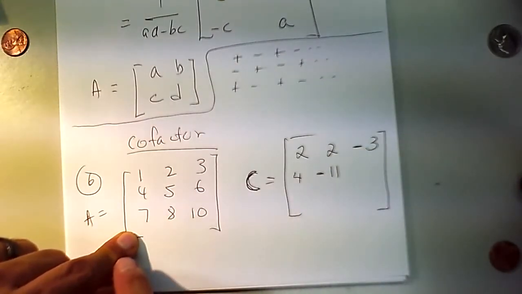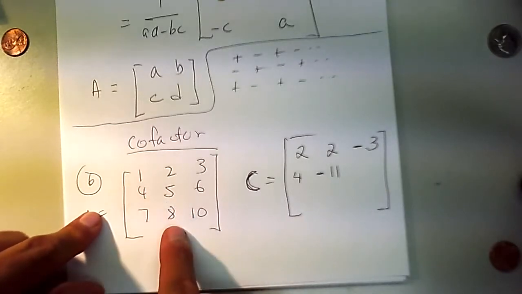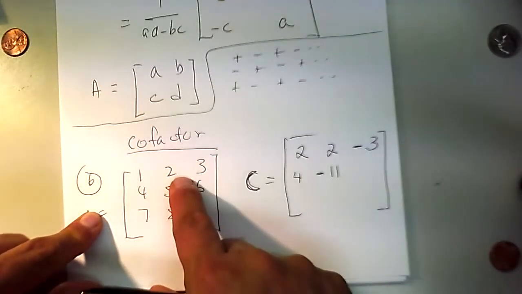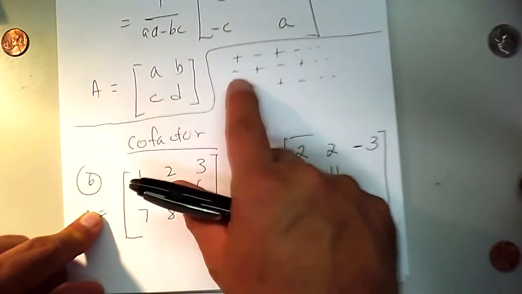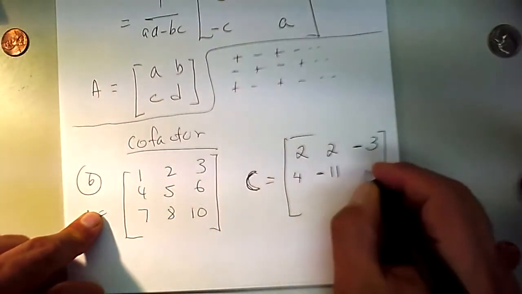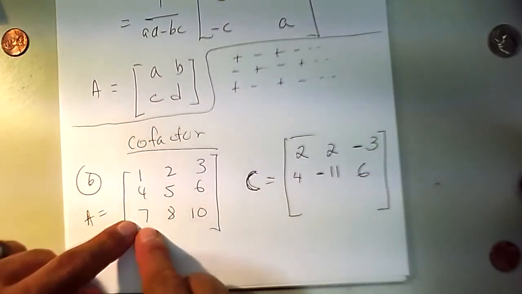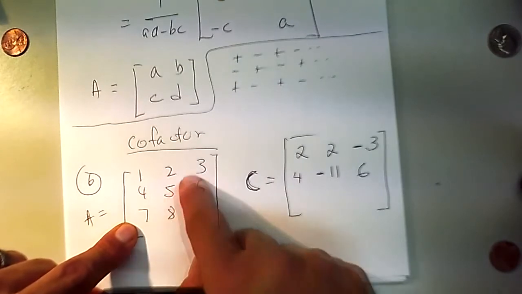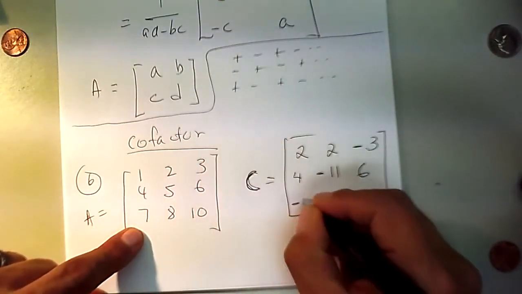The cofactor of 6, 8 minus 14, negative 6. But we are on this position, so we have to do positive 6. The cofactor of 7, 12 minus 15, negative 3, leave it alone.